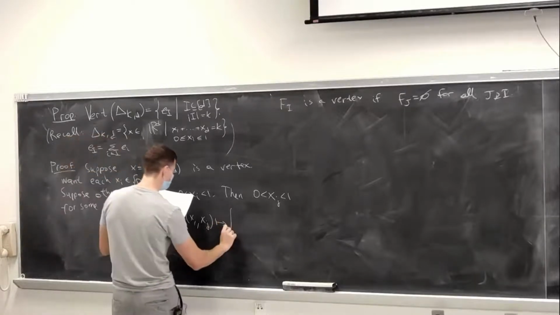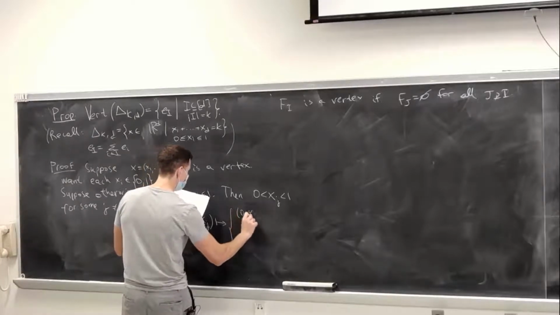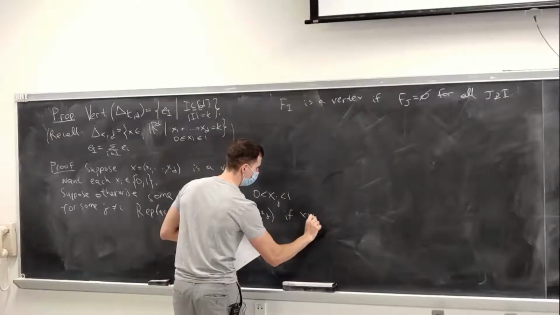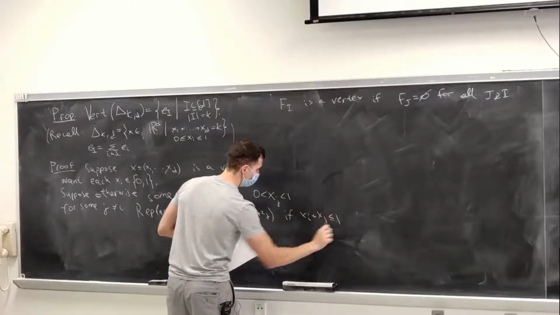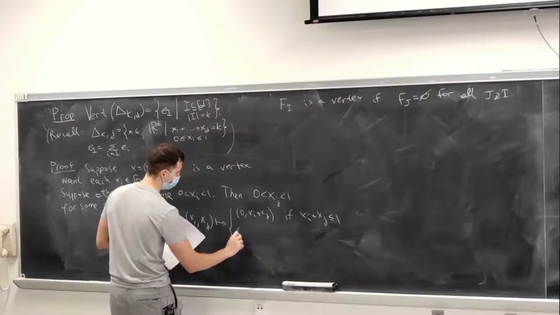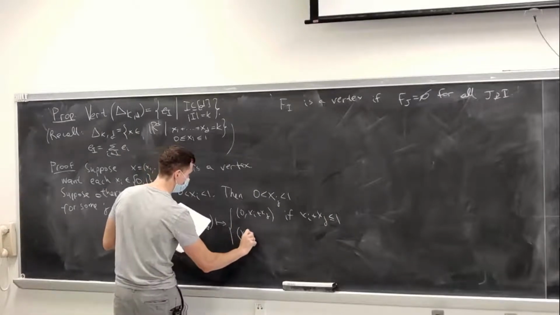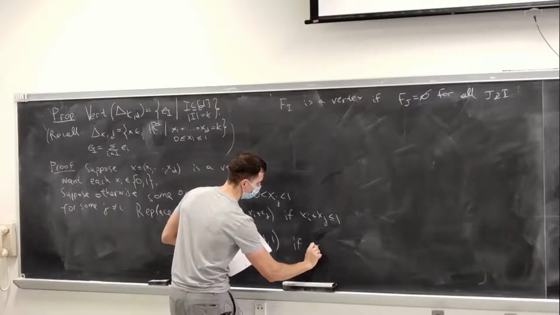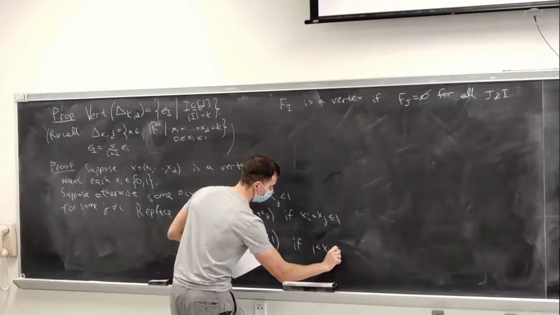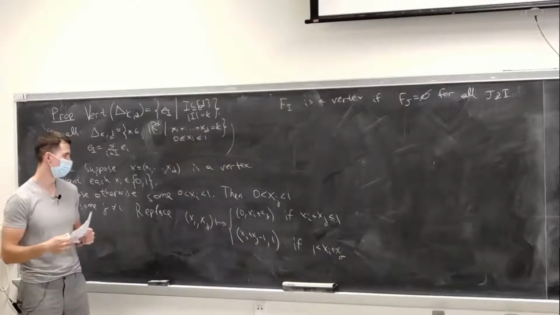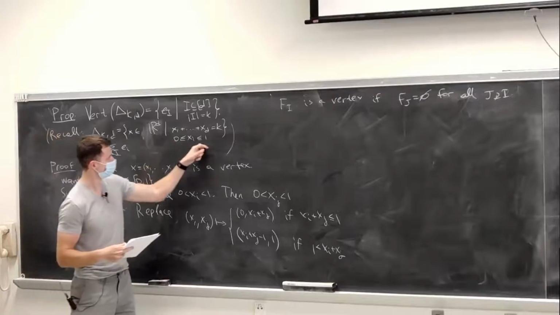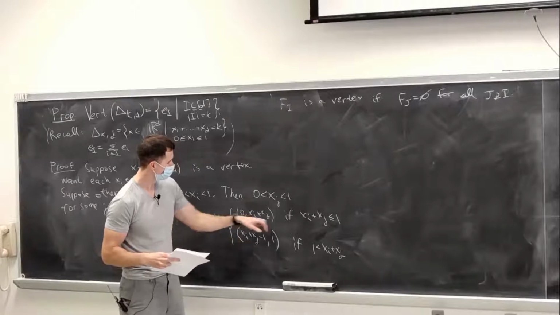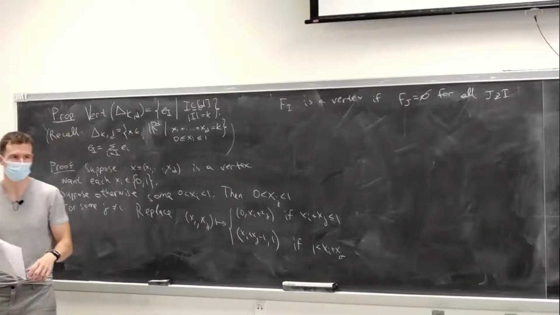The formula is (0, x_i + x_j) if the sum is less than or equal to 1, or (x_i + x_j - 1, 1) if the sum is bigger than 1. Each x_i is between 0 and 1, so this thing is going to be at most 1. You can check that each coordinate is at most 1 and at least 0 in each case.